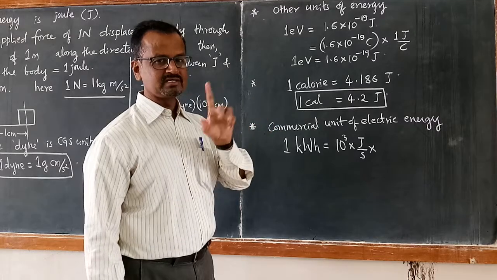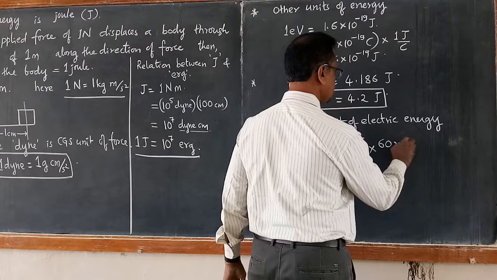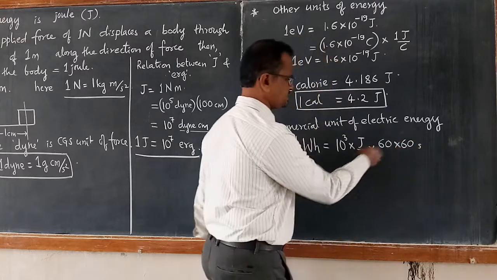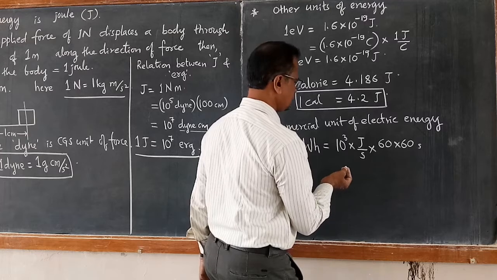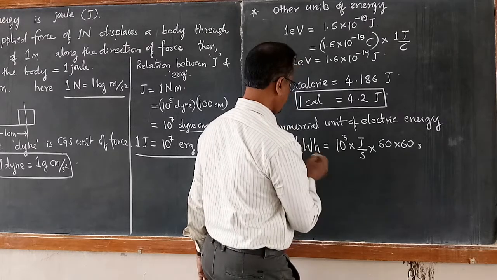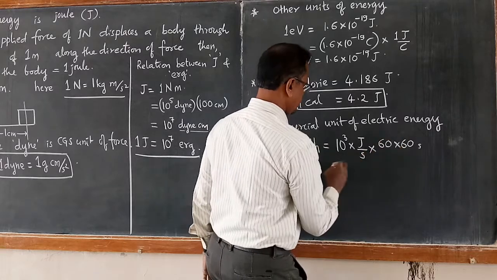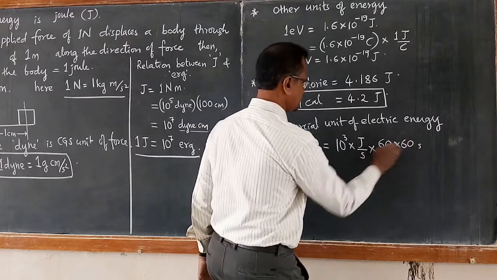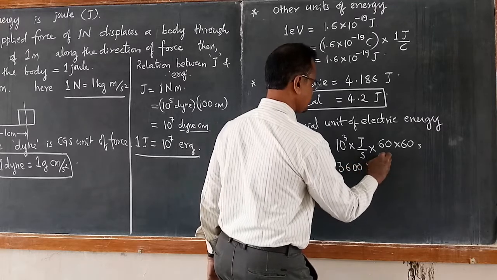60 minutes into 60 seconds. So thus it becomes 60 into 60 seconds. You see, second cancels. So when you cancel this second, then 1 kilowatt hour becomes 3600 into 10 raised to 3.